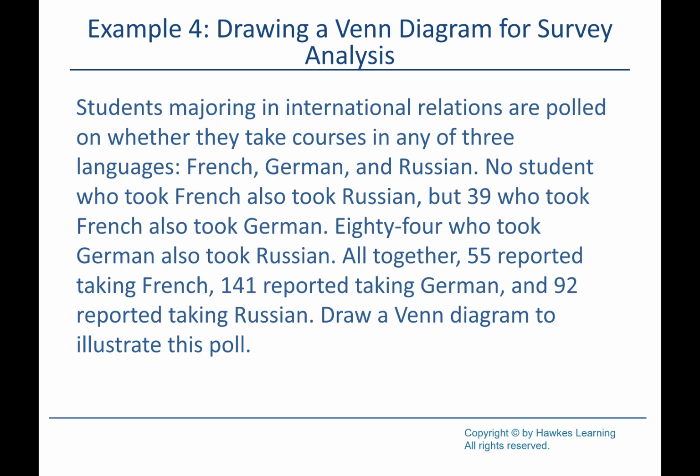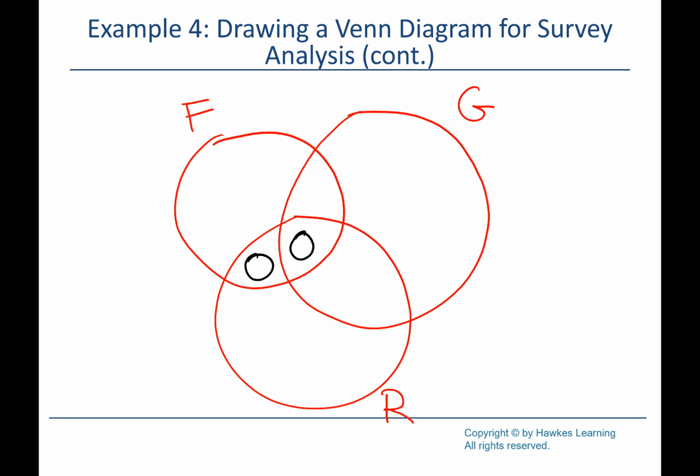If I'm reading down, it says no student who took French also took Russian, and the next one says 39 who took French also took German. So in the overlap between French and German, we've got 39. And since we've got a 0 in all 3, we know they've all got to be in that section. Okay. Got a total up to 39.